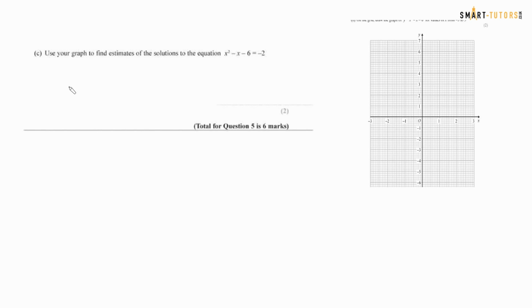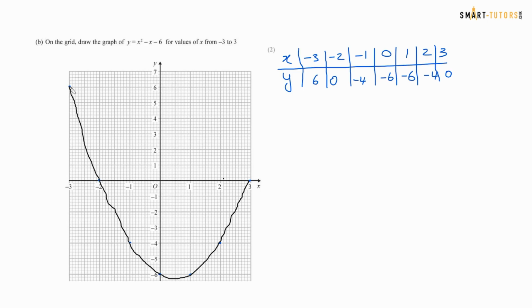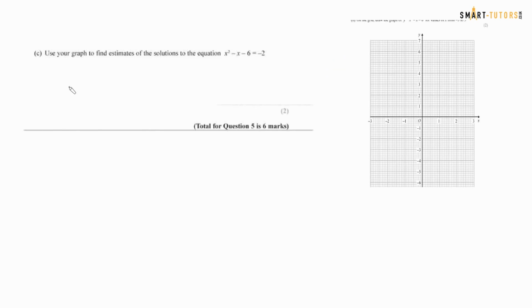Question C. Use your graph to find the estimates of the solution to the equation x squared minus x minus 6 equals minus 2. If I go back one step, in the previous question, the graph's name is y equals x squared minus x minus 6. In part C, my left-hand side is the same as the graph's name.